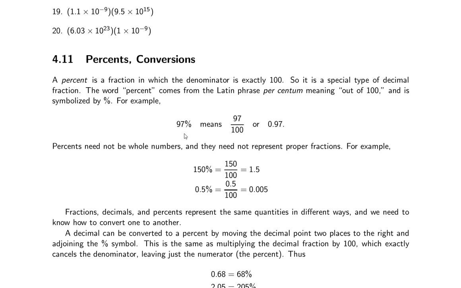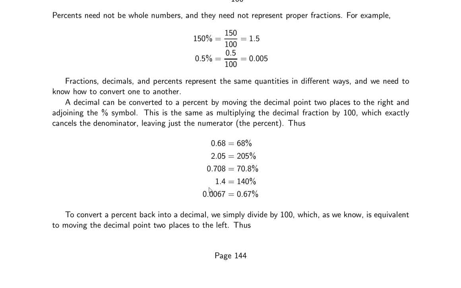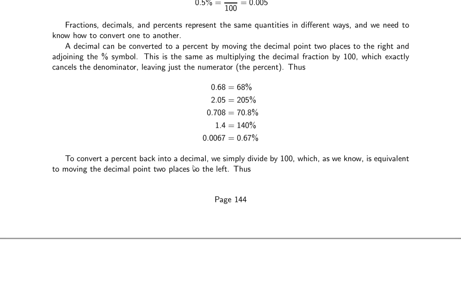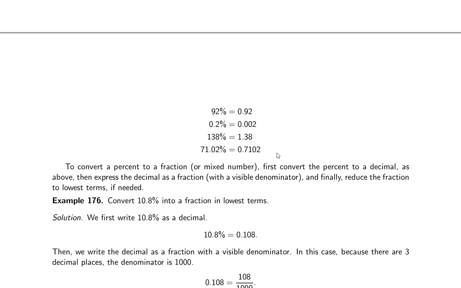More examples here. 97%. As a fraction, it's 97 over 100. And as a decimal, it's 0.97. So you can go from decimals to percents, or percents to decimals. You're just moving the decimal point 2 places.